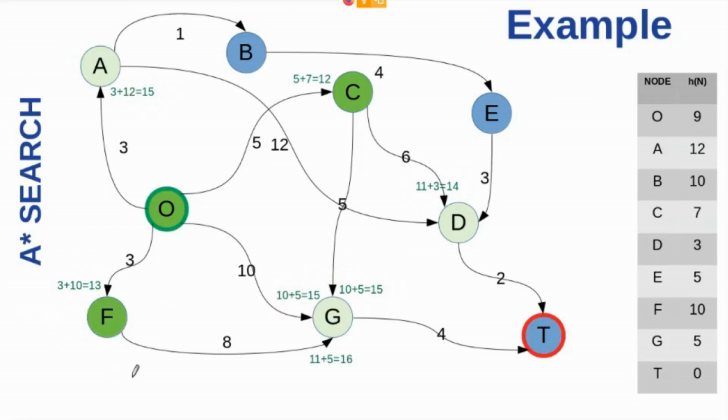And now, not at the first stage, but at the second stage, we need to reconsider F, right? Because the total cost, the real plus the heuristics, is the minimum as possible at this stage, right? Again, we reconsider all the neighbors, right? And the new neighbor here, G, is also a neighbor of F, right?